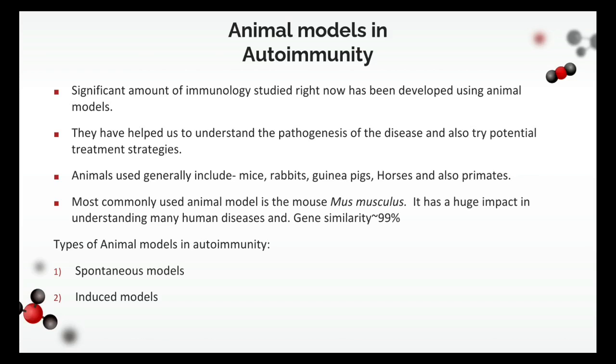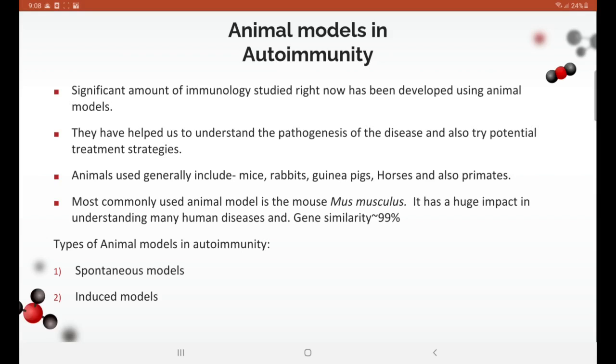Animals in general used are mice, rats, rabbits, guinea pigs, horses, and also primates if required. The most common and widely used, yet the most important model is Mus musculus, that is, mouse. They have enabled us to create breakthroughs in immunology.